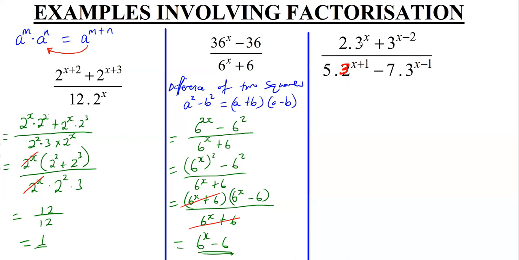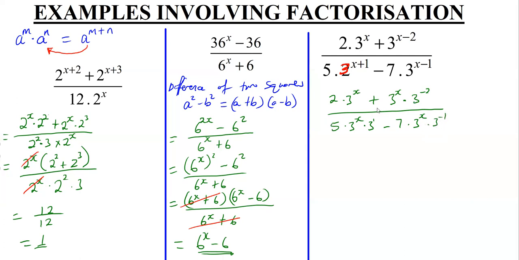Now, let's deal with it. 2 to the power of 2 times 3 to the power of x plus, remember what we have learned, 3 to the power of x times 3 to the power of negative 2, okay? Then here is 5 times 3 to the power of x times 3 to the power of 1, okay? Then here is minus 7 times 3 to the power of x times 3 to the power of negative 1.